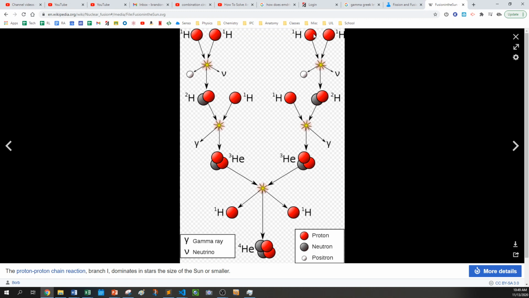And we can also have the reaction come over here and get another helium 3. The helium 3 and helium 3 come and combine together, and we now get 2 hydrogen atoms and a new helium atom. These helium atoms will eventually react, and we end up getting lithium, beryllium.